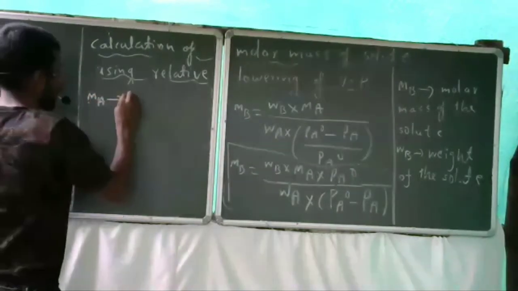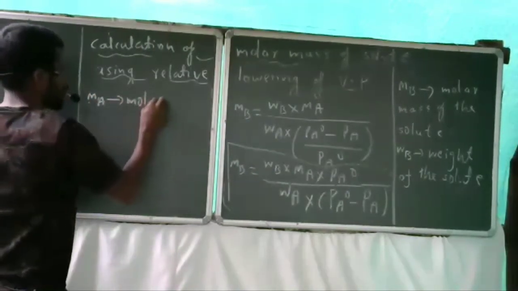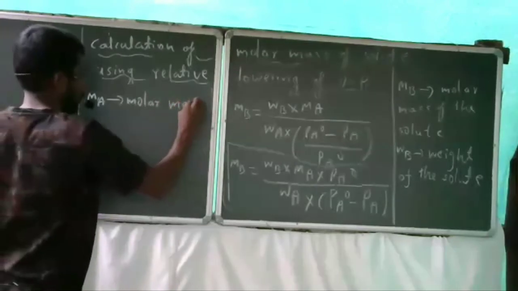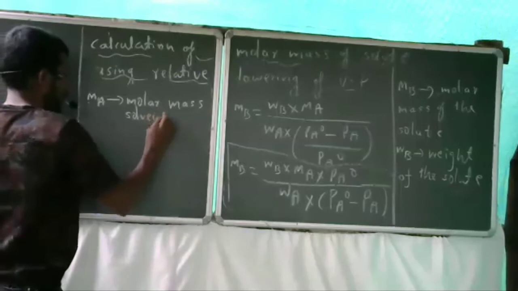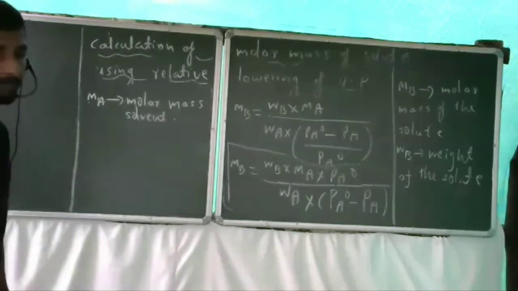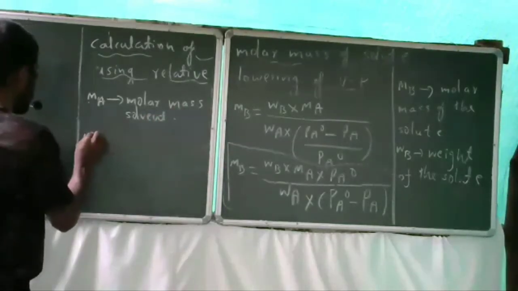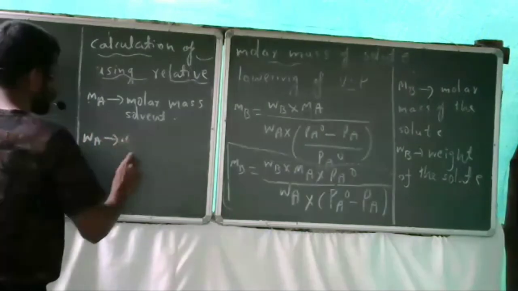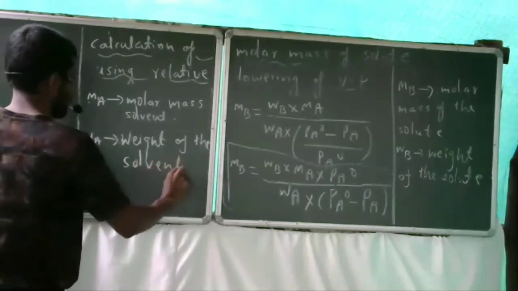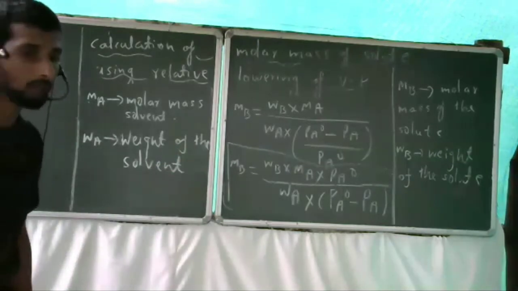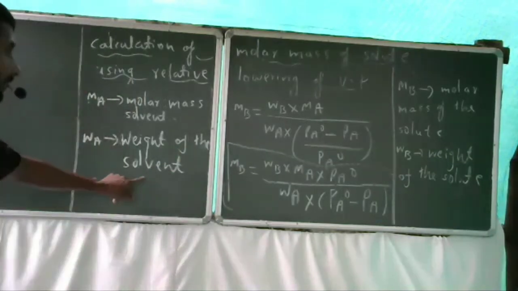Ma is molar mass of the solvent. Next we have Wa. Wa is weight of the solvent. A is solvent, that is weight of the solvent.